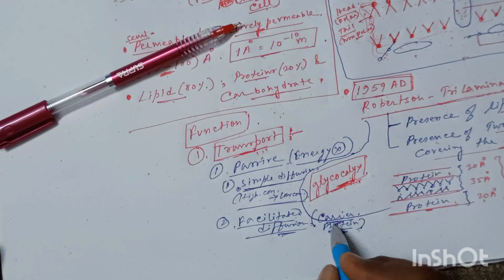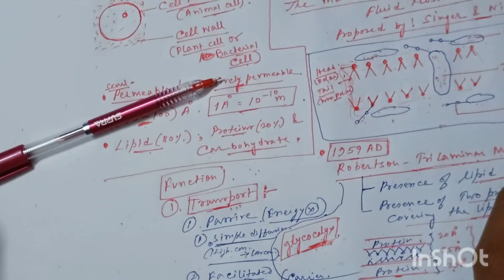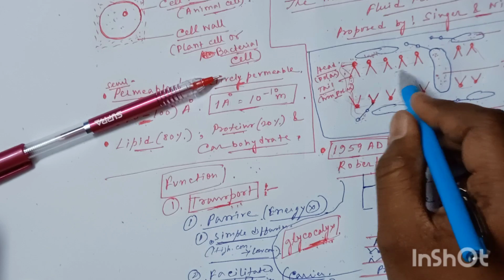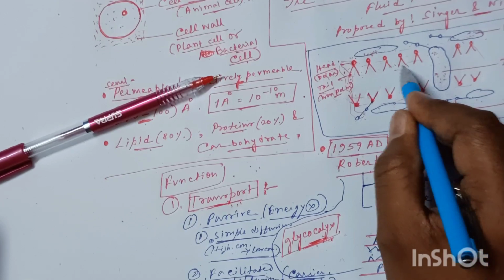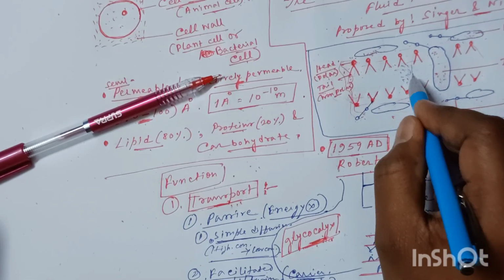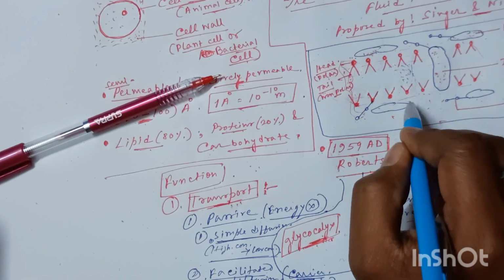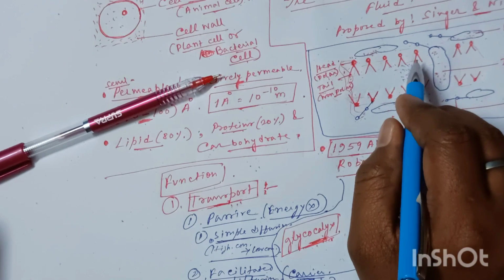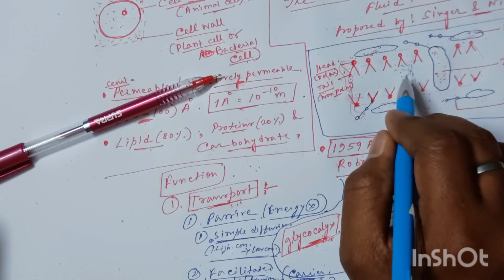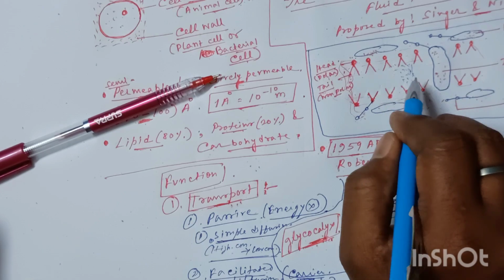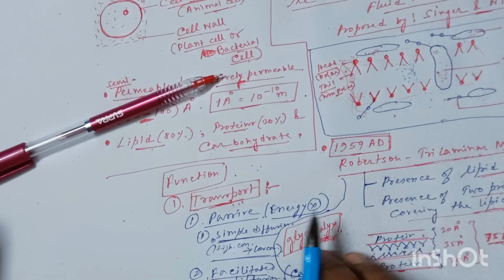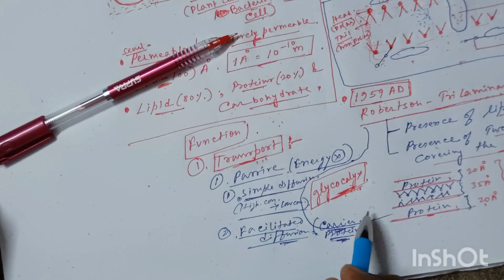Mainly, some polar molecules cannot get through the non-polar part of the lipid molecule; they are obstructed here, and a carrier molecule is required to do the facilitated diffusion, maintaining the concentration gradient, from high concentration to low concentration also.